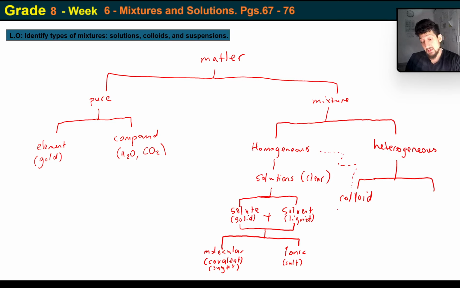So colloids, things like milk, it is uniform throughout but doesn't allow light to pass through. And then we've got suspension. So things like oil and water. Okay, or sand and water, or things like that.